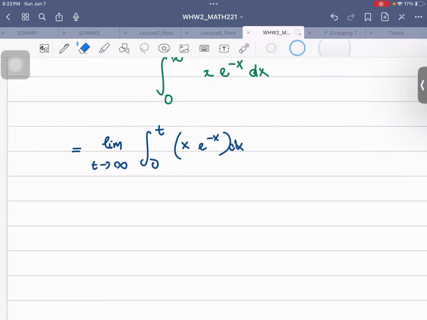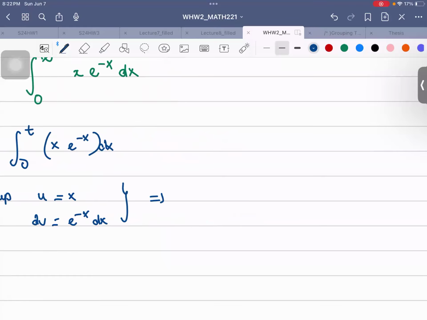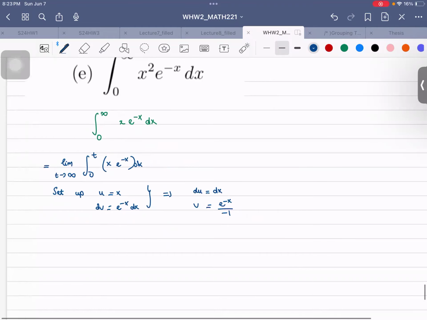You set up u as x and dv as the rest, so you have e to the negative x dx. Combining these two, you have du is dx and v is e to the negative x divided by negative 1.